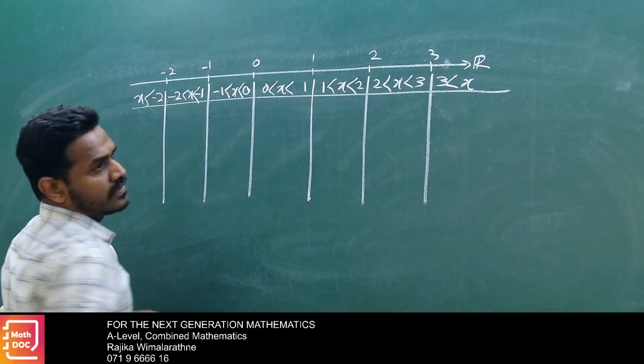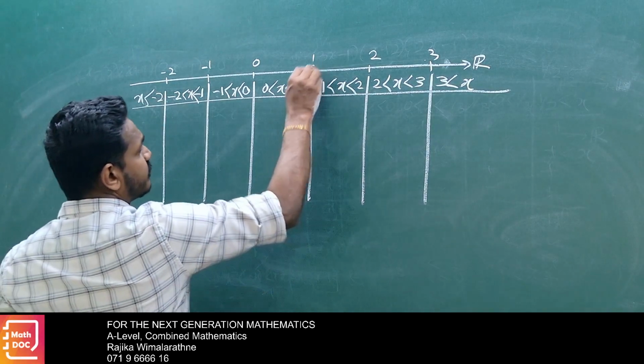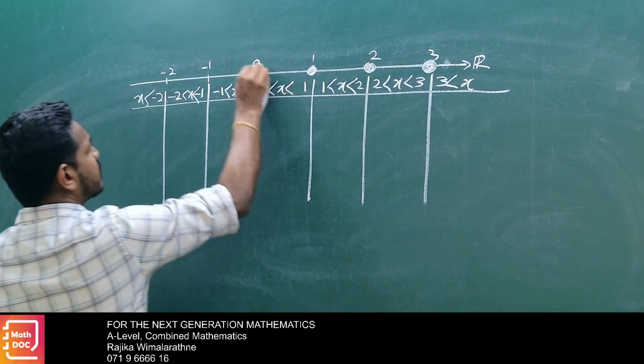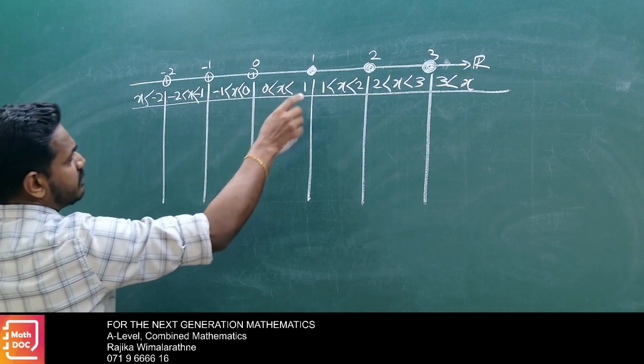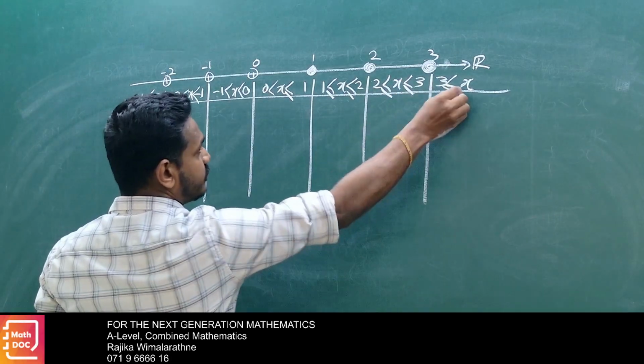There is no equality for denominators, then 1, 2, 3, okay. Here these are denominators. Then equality comes with 1, 2, and 3.